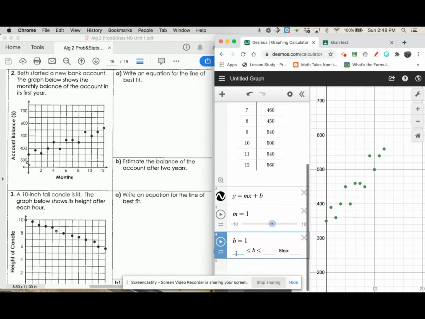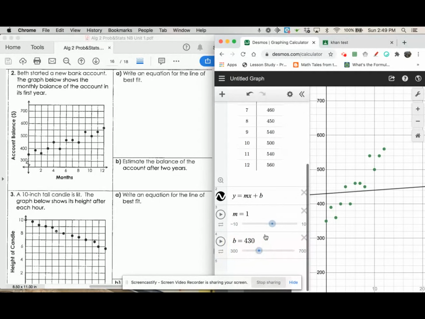My lowest y value, I'm going to put 300, and my highest y value, I'm going to put 700, just like they have on the graph. Then I'll set it to count by ones and hit enter, and then I can change where it crosses so that it's in the middle.